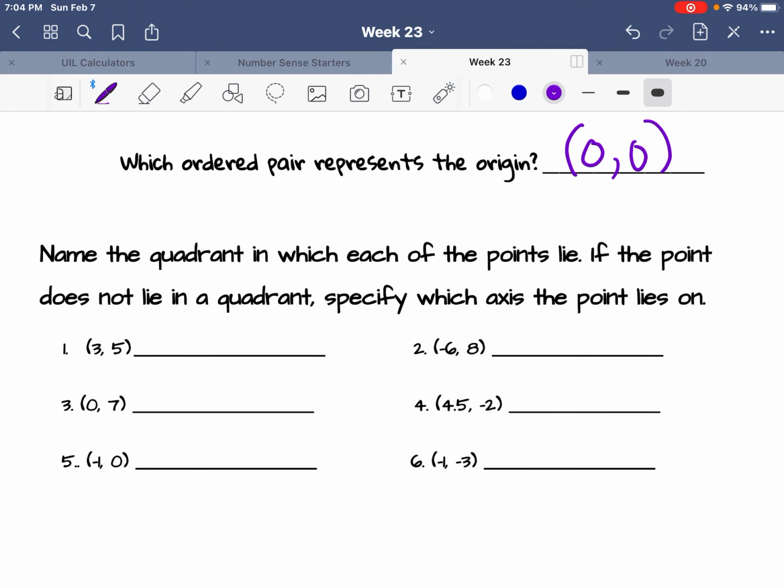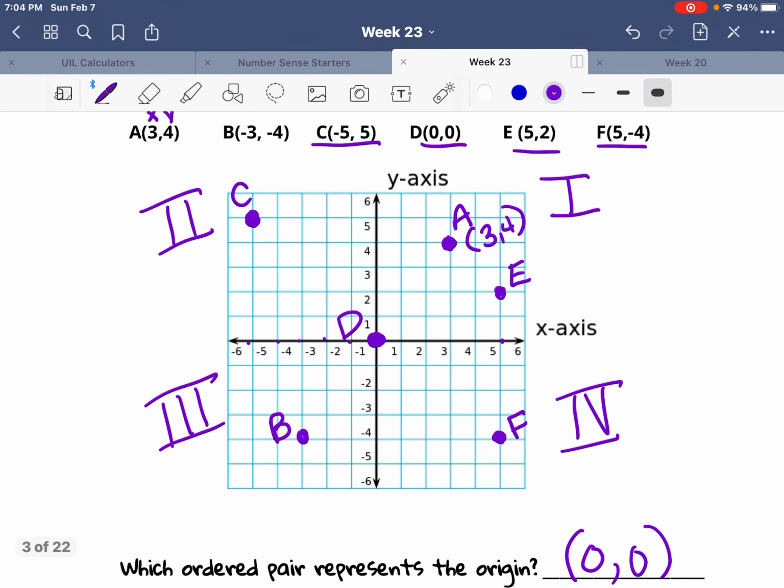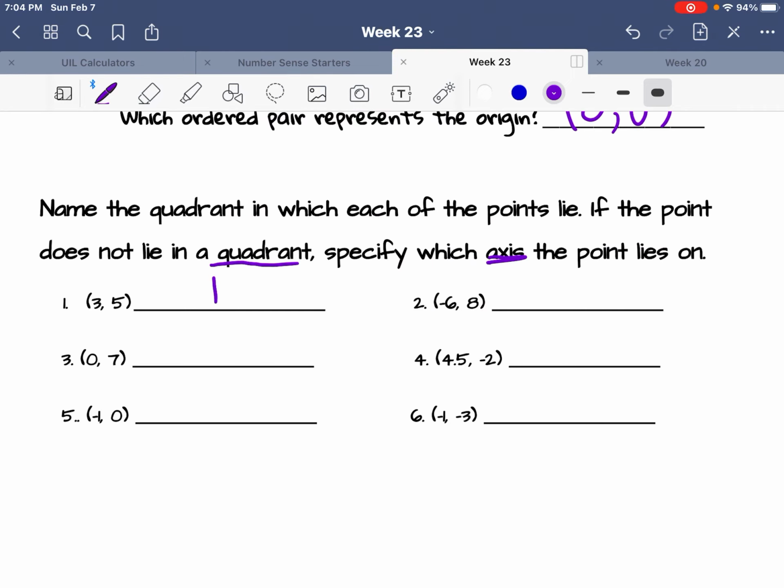If the point does not lie in a quadrant, because it could be on one of the lines, specify which axis the point lies on, or it could be at the origin, where you would just say it's at the origin, because it's not in a quadrant if it's on a line, and it's not in a quadrant if it's the origin.